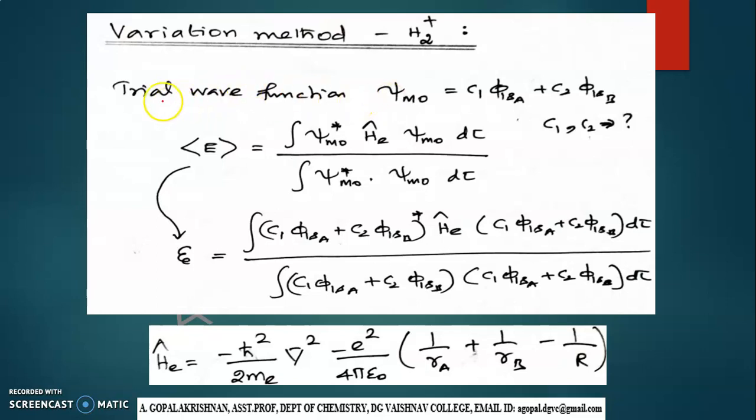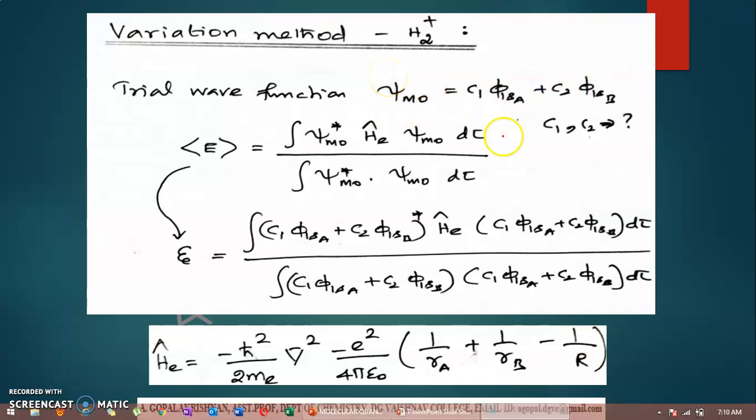Here I have given the trial wave function for the hydrogen molecular ion, which has two atomic orbitals: phi 1s A, the 1s orbital associated with hydrogen nucleus A, and the 1s orbital associated with nucleus B. I will take the linear combination of these two to form the trial wave function.